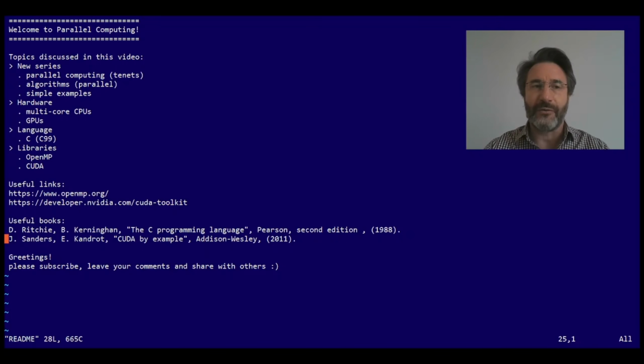This is a very simple one. I am not suggesting any book on OpenMP for the simple reason that essentially everything that you find on openmp.org should be enough to put yourself in the right situation to be able to use OpenMP.